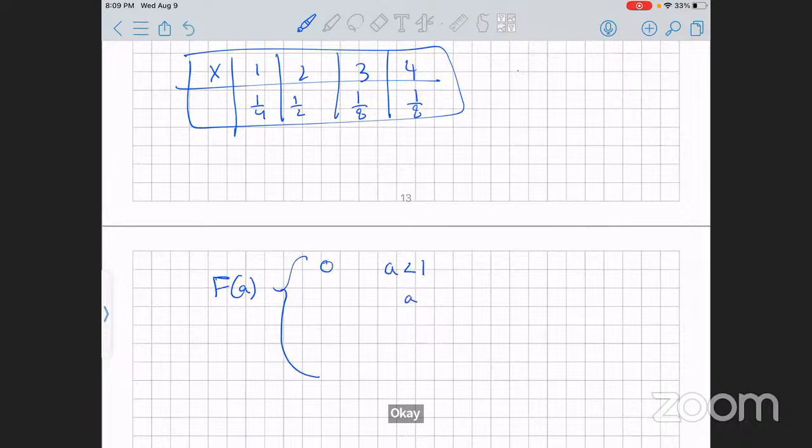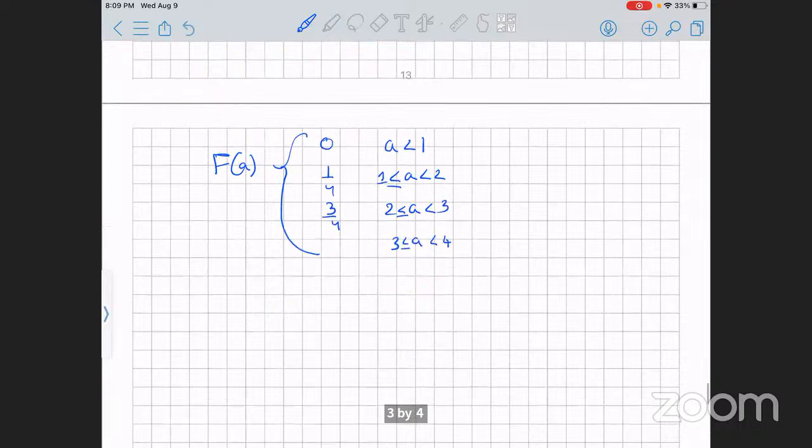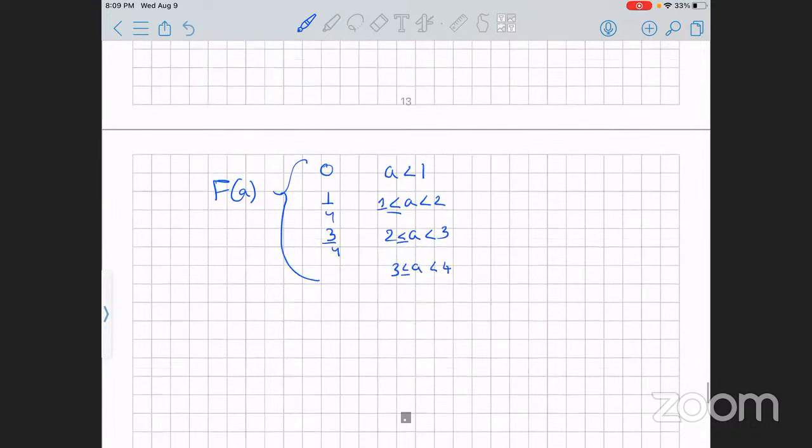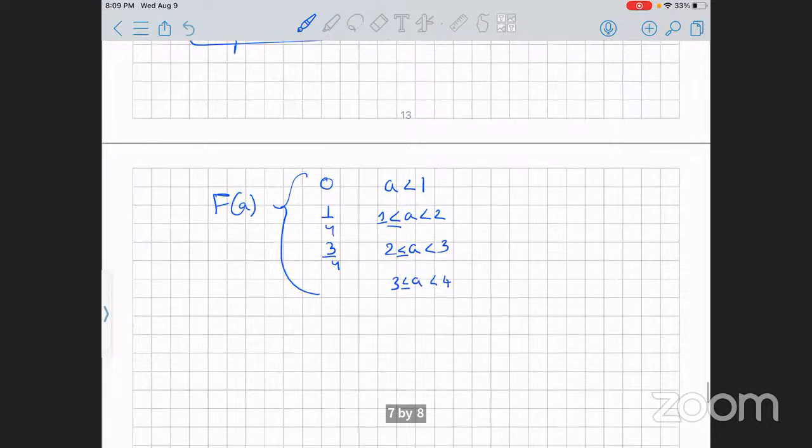When A is less than 2 and greater than or equal to 1, the value is 1 by 4. If A is less than 3 and greater than or equal to 2, it is 3 by 4. And A less than 4 and greater than or equal to 3 is 7 by 8.